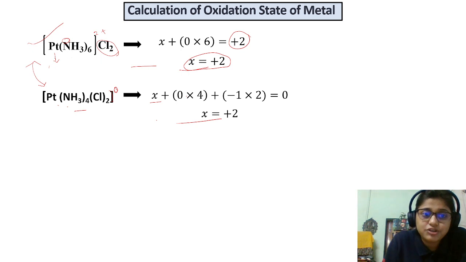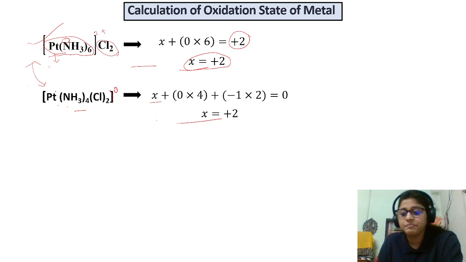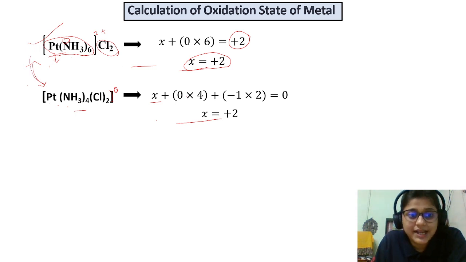Structurally also, in this compound the coordinate bonds in the coordination sphere are forming between platinum and 6 amines, not chloride. But here the coordinate bonds are formed between platinum and 4 amines and also 2 chlorides. So these two are different, remember? You should understand these things properly. These are basic.